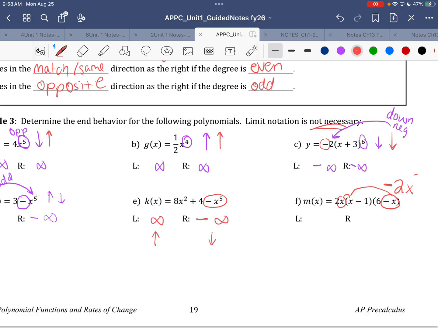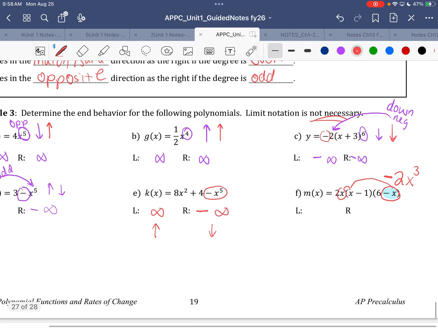Why is it a negative x cubed? Technically a negative 2x cubed. This negative in here, if I foil these out, would turn the whole expression negative. If there had been a negative in front, it would also have affected the sign. So really, its leading term, the only one we actually care about, is negative 2x cubed. Negative, positive.